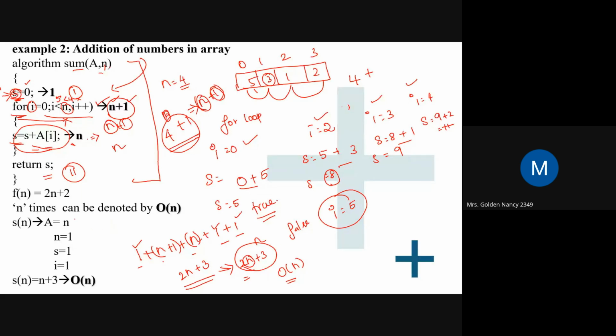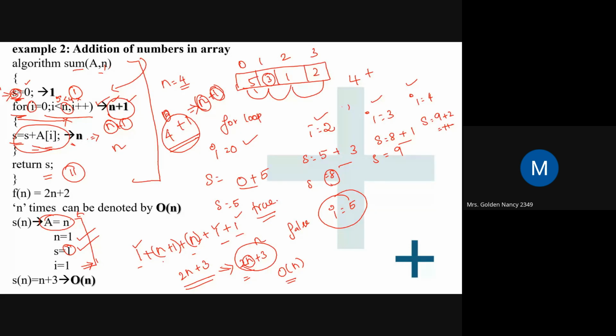Similarly, for the space complexity: n initialization is taken 1 time, s happens 1 time, because s keeps on changing but it is holding only one value till the end. So it happened 1 time, and i is initialized 1 time, and the array is of n size.